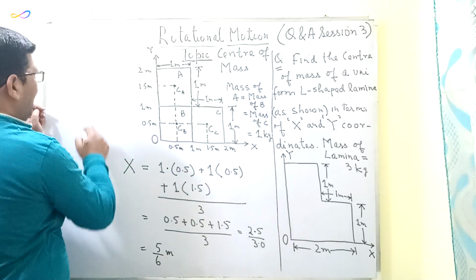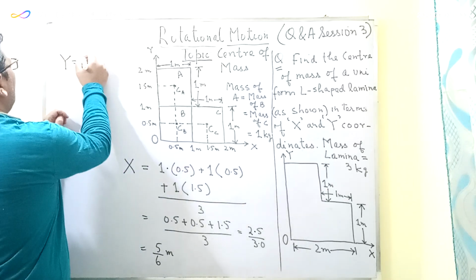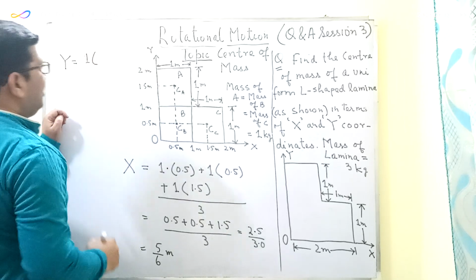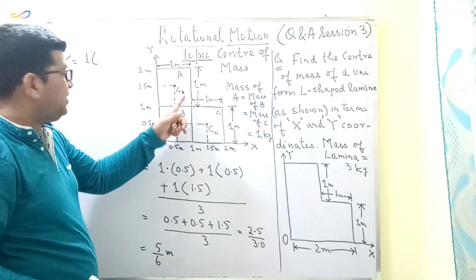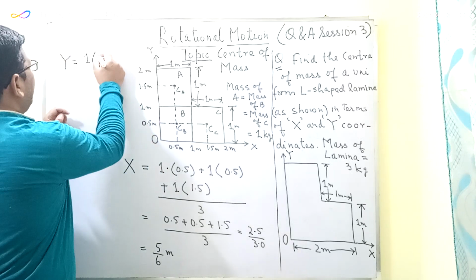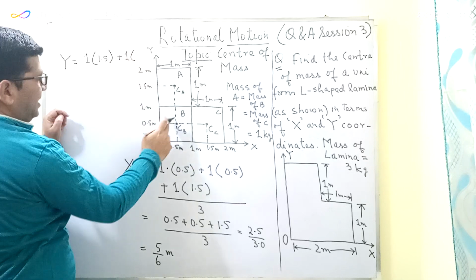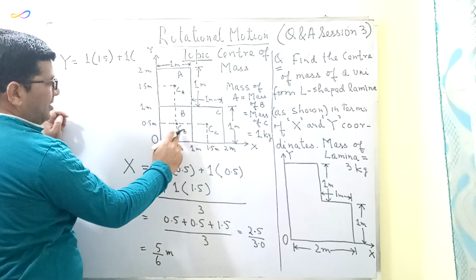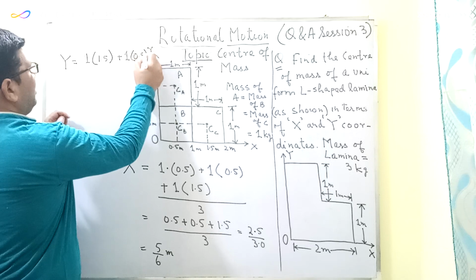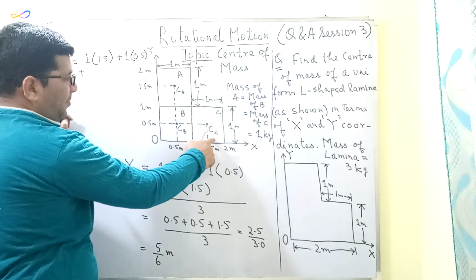Now we will be calculating the value of the center of mass along the y-axis. So let us consider this shape. The mass of it is 1. Now the distance of this center along the y-axis is how much? 1.5 meter, plus consider this part of the lamina. Now this center is at a distance of 0.5 along the y-axis, plus consider this one, this part of the lamina.